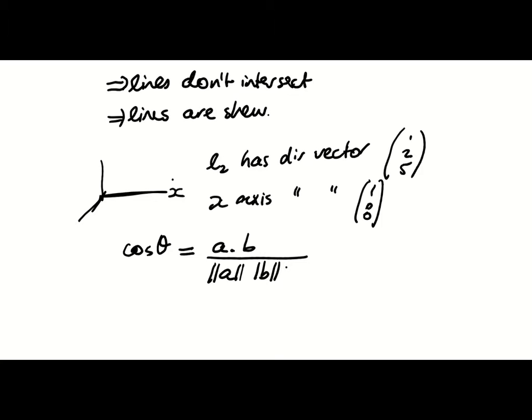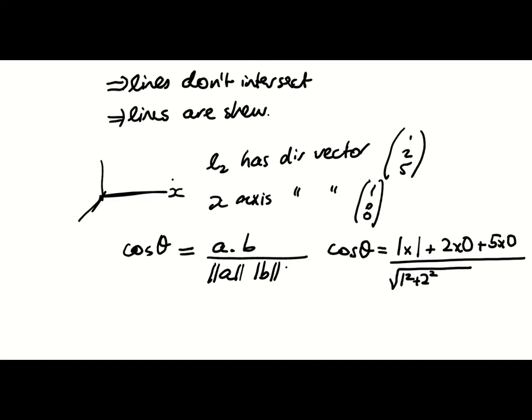So in this case, we get this. Cos theta is equal to 1 times 1 plus 2 times 0 plus 5 times 0, divided by the magnitude, so the square root of 1 squared plus 2 squared plus 5 squared times the square root of 1 squared plus 0 plus 0.